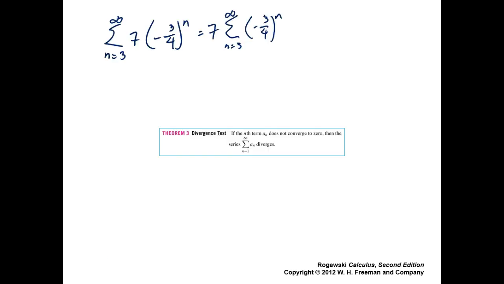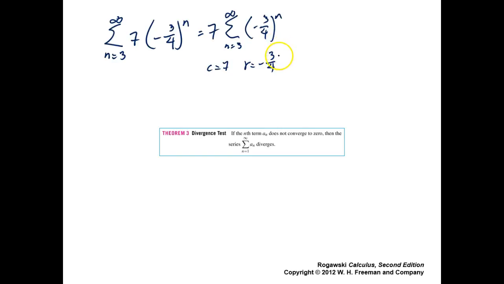Now, what's that sum that we're left with? The c in this case is 7, and your r in this case is negative 3/4, right?